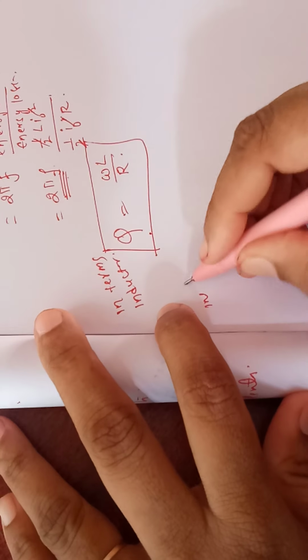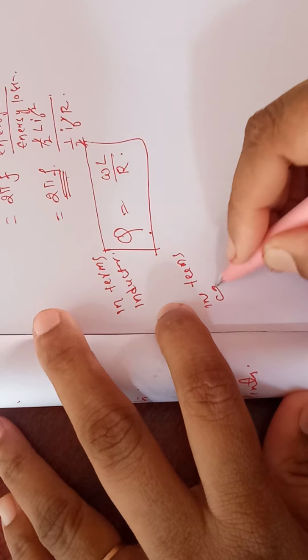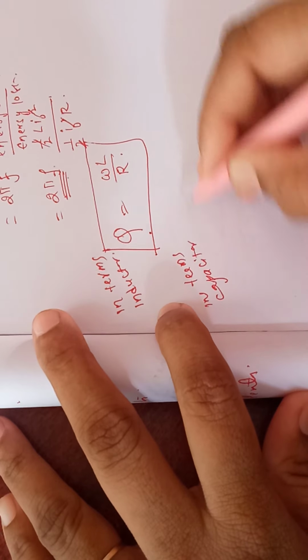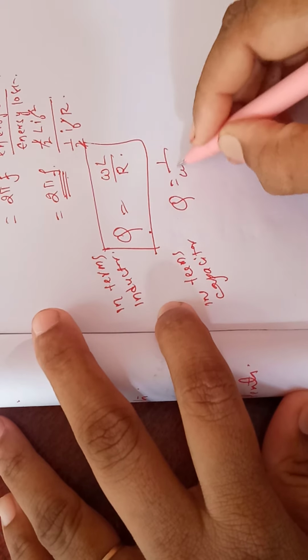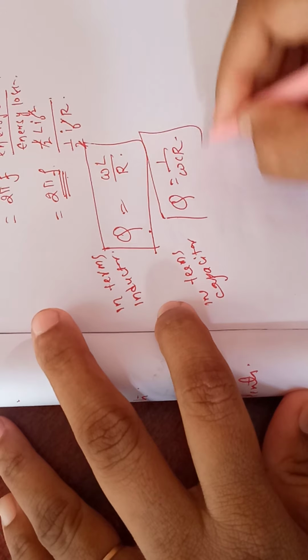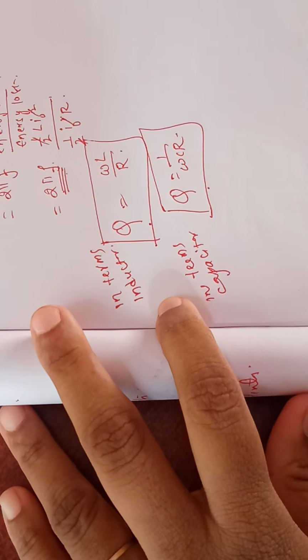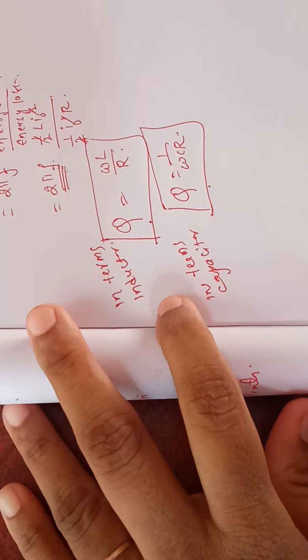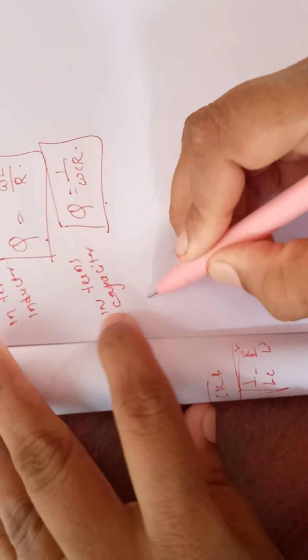Similarly, in terms of the capacitor, we can write the Q factor as 1 by omega C R.